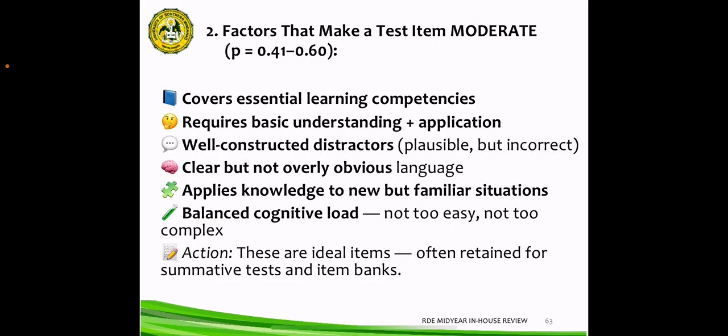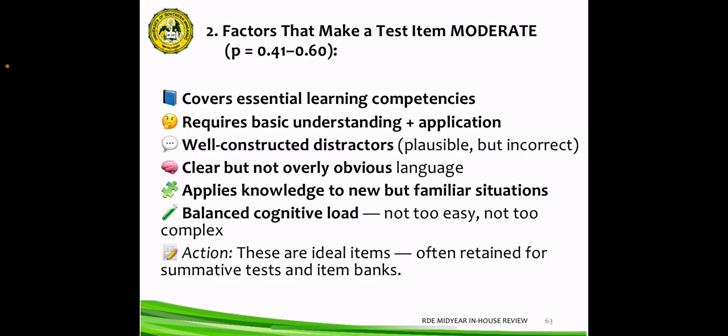Next are the factors that make a test item moderate, where the p-value of the moderate is 0.41 to 0.60. The moderate item covers essential learning competencies, requires basic understanding plus application, has well-constructed distractors, clear but not overly obvious language, applies knowledge to new but familiar situations, with balanced cognitive load, not too easy, not too complex.